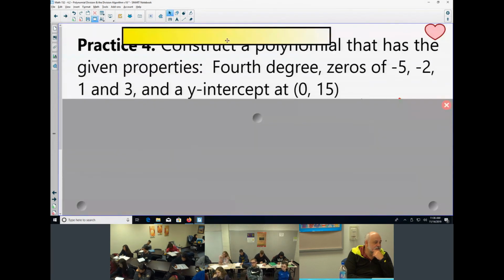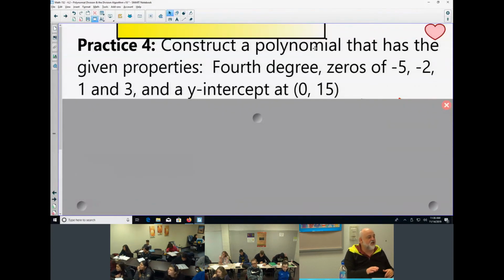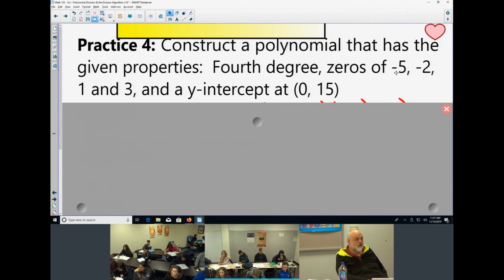So if it says construct a polynomial that has given properties. So it's fourth degree, and the zeros are -5, -2, 1, and 3. And it has a y-intercept at (0, 15). Okay? So if the 0 is -5, then what's the factor? x plus 5.